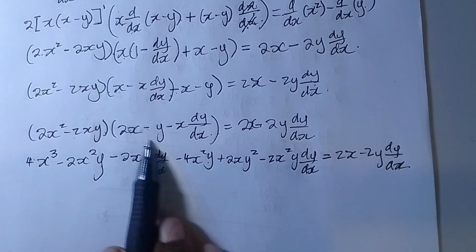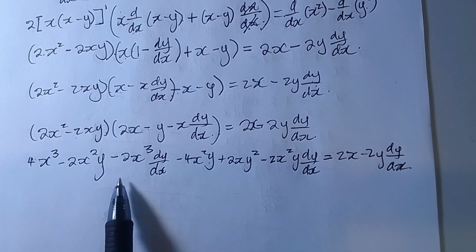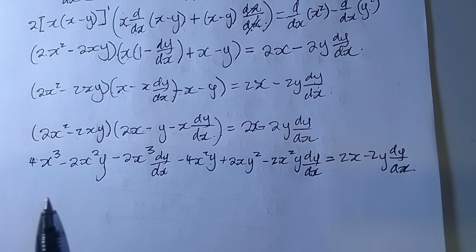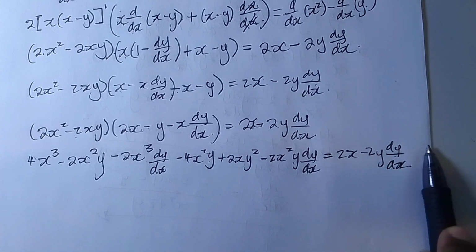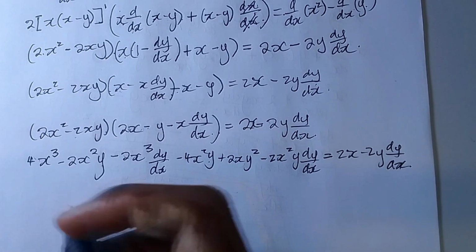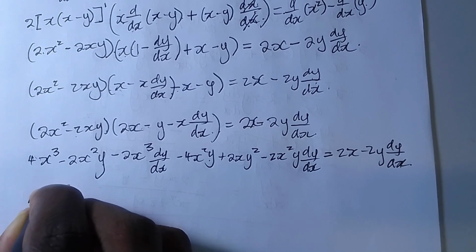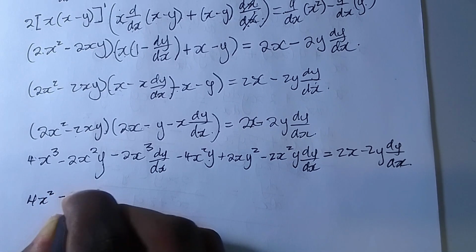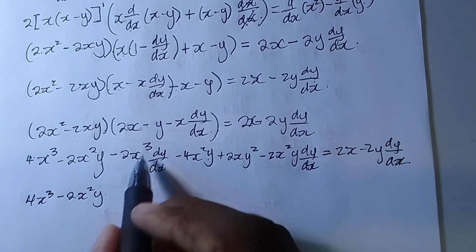Let's transpose everything with dy/dx to one side. I'm just thinking which side will be better. Let's transpose it to the right hand side. Here we'll be left with 4x cubed, 2x squared y.